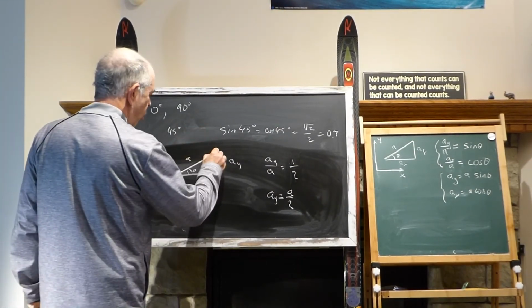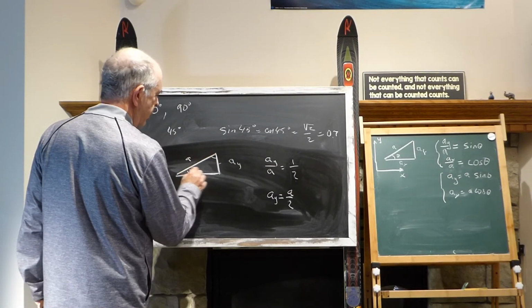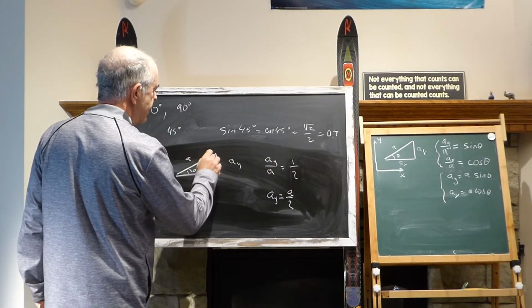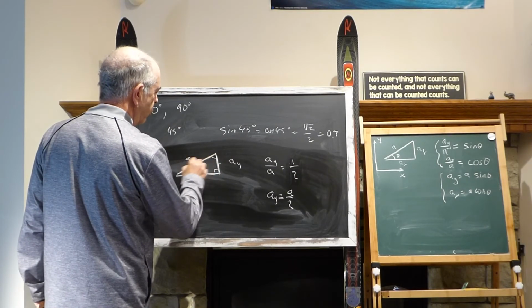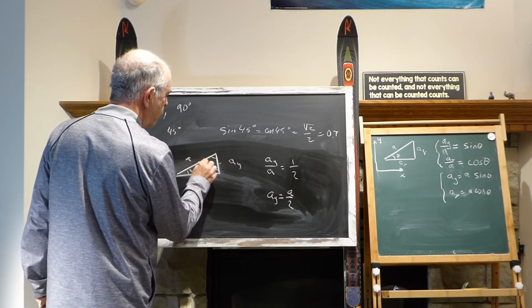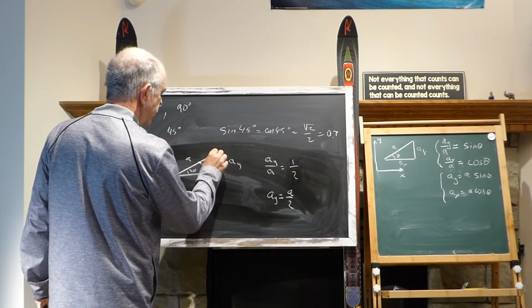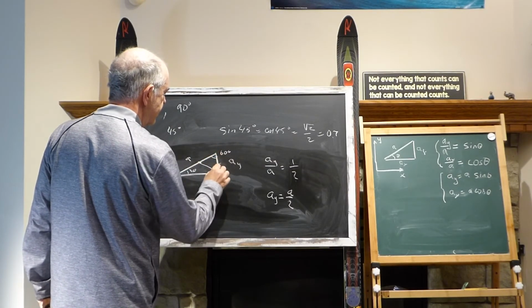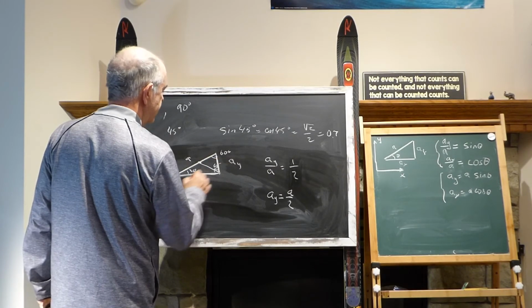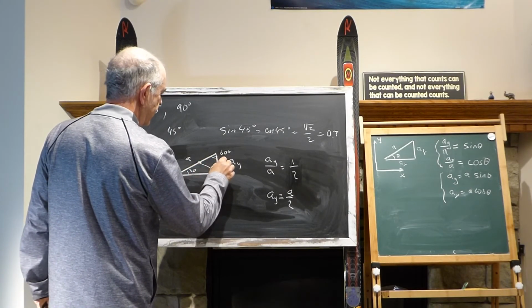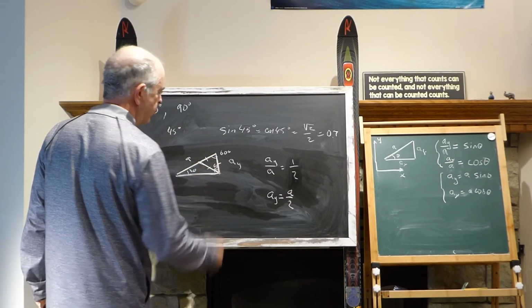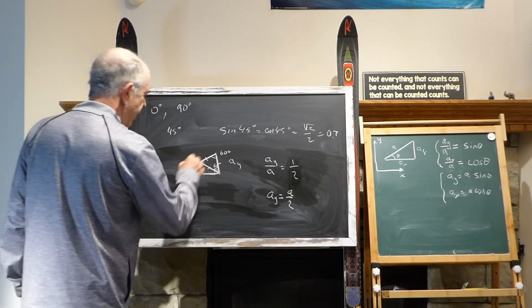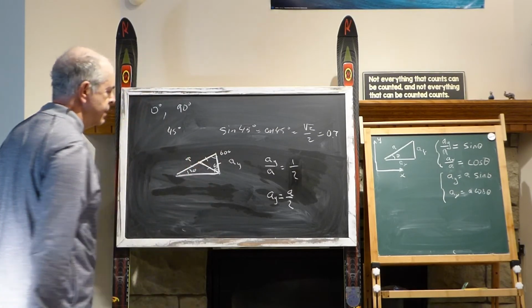And why is it so? Well, because if this is 30 degrees, and this is 90 degrees, and this is 60 degrees, and if we take a half of hypotenuse and put it right here, this would be 30 degrees, 60 degrees, and then this would be 60 degrees, and that means that these are the same, and because I divided it in half, this becomes the same.